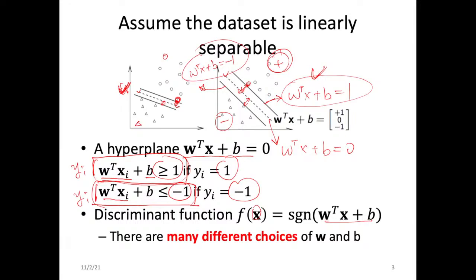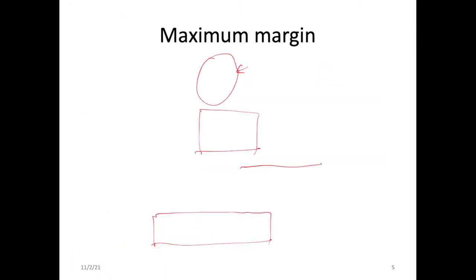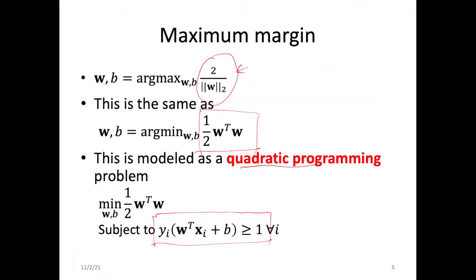Here, for Yi equals 1, we want W transpose Xi plus B to be larger or equal to 1. For Yi equals negative 1, we want W transpose Xi plus B to be smaller or equal to negative 1. So because of this, we have this constraint here: W transpose Xi plus B multiplied by Yi to be larger or equal to 1.